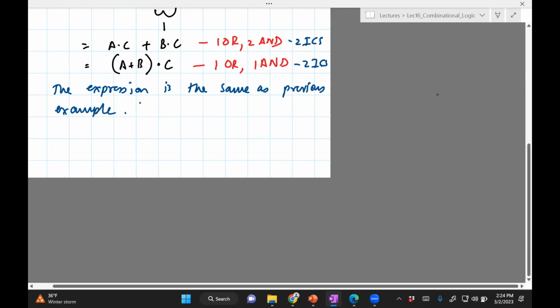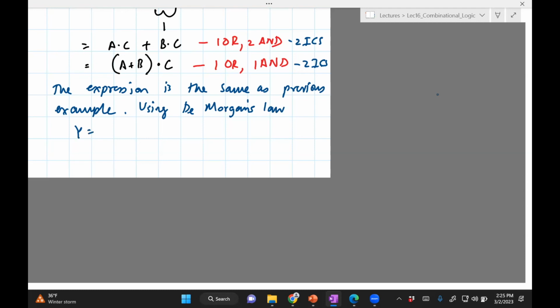And so we can write, using De Morgan's law, y equals A.C dot C.